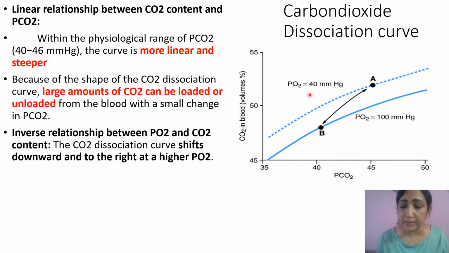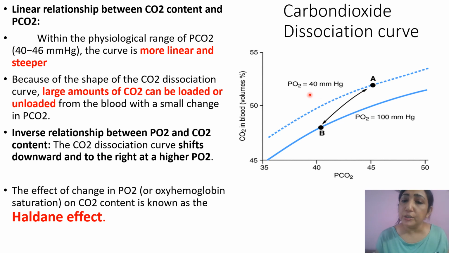And exactly the opposite is happening at the tissue level, where the PO2 is less. Because the PO2 is less, the hemoglobin has more affinity to bind with carbon dioxide. In that case, hemoglobin will take the carbon dioxide from the tissue and bind with it, and as carbaminohemoglobin it goes towards the right heart, then to the lung, and is exhaled out.